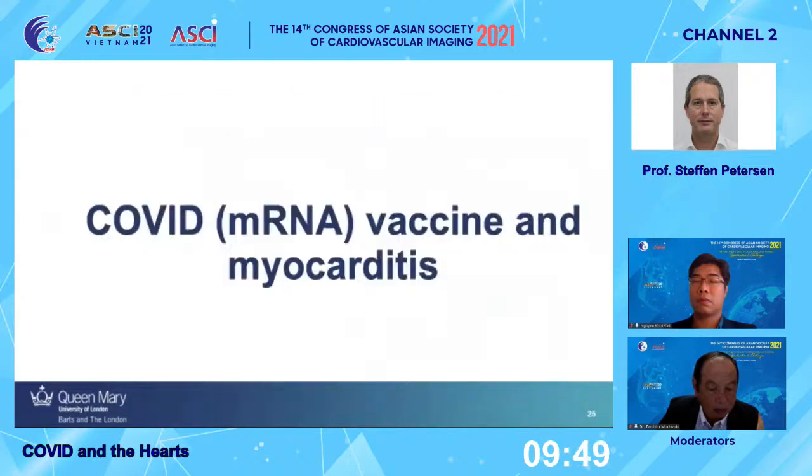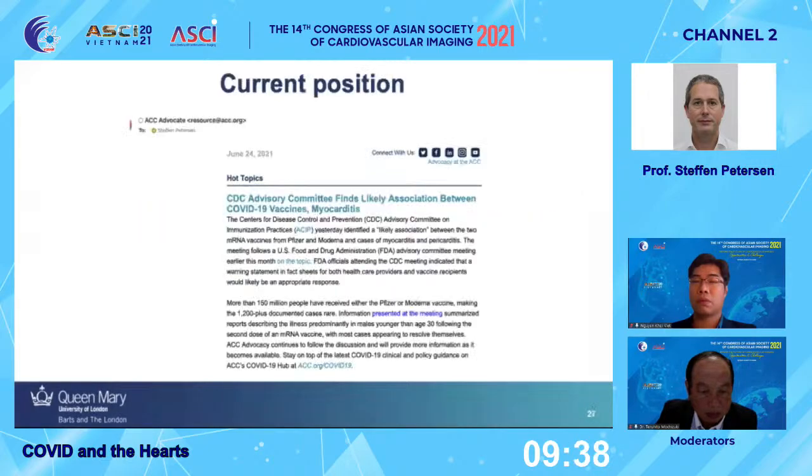Now, to a fairly recent development of concerns of myocarditis cases to be associated with messenger RNA COVID-19 vaccines. Only a few days ago, I received this email from the ACC Advocacy Committee highlighting that the Centers for Disease Control and Prevention identified a likely association between the Pfizer and the Moderna mRNA COVID vaccines and cases of myocarditis and pericarditis.